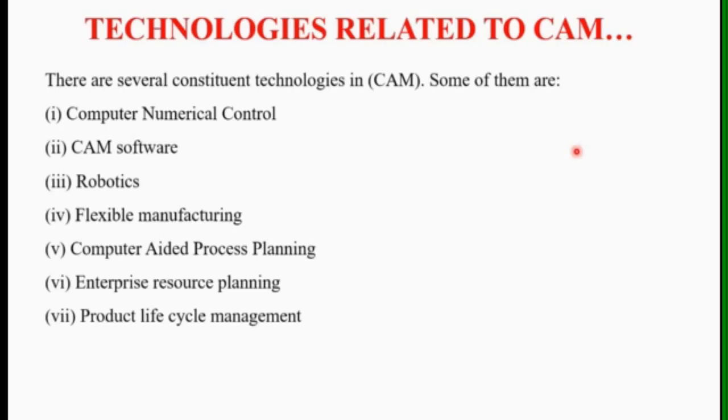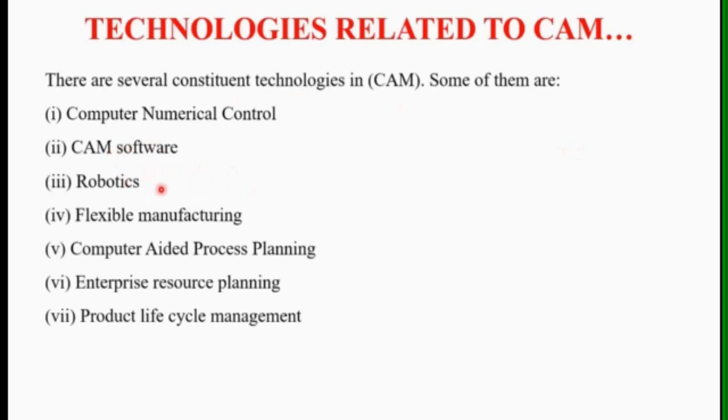These computer numerical control machines are nowadays used in various industries. Then various CAM software packages are also available in the market that help to plan and control operations, and to simulate these operations in the initial phase itself.